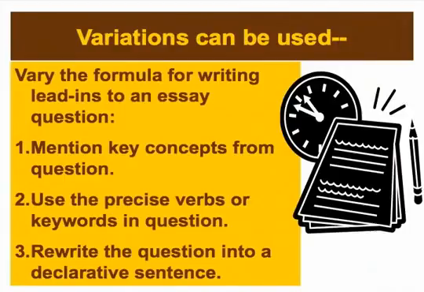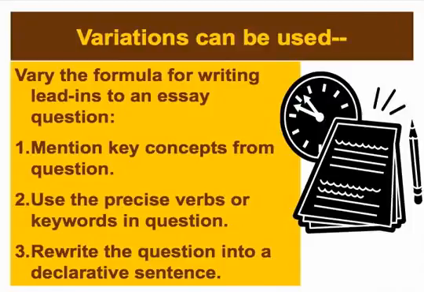So we can vary the formula a little bit. Here I mentioned a couple places about keywords or key concepts. Generally, you will find these in the essay question itself. And one good habit to get into is to circle those keywords or underline them so that you notice them.